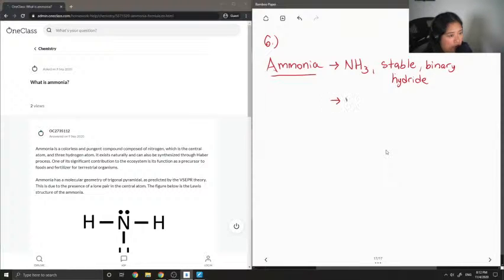It's also usually in its gas form, and it is produced naturally in the body, like through metabolic processes, and in nature.